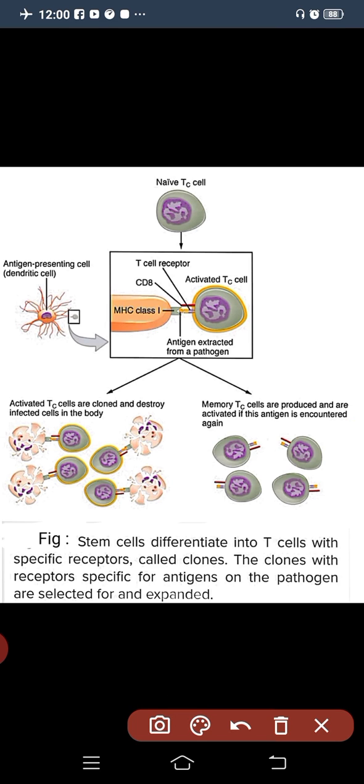Now here in this diagram, how the cytotoxic T cell works. So look here, there is a naive T cell. Naive T cell, it is in fact immature.